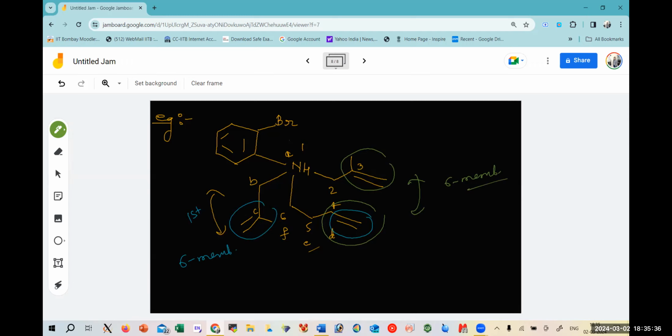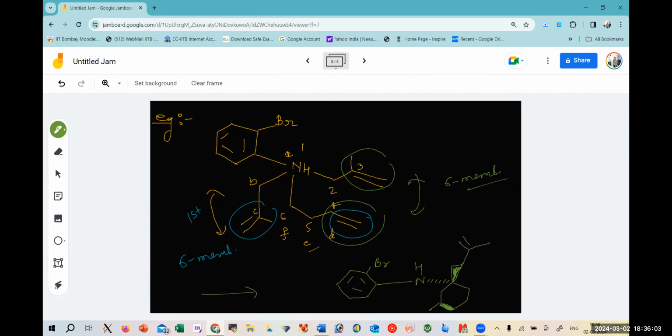product, and the product would have the bromine as it is with your NH group, and this NH group would now be coming under your ring. This becomes chiral, because here the groups are different.